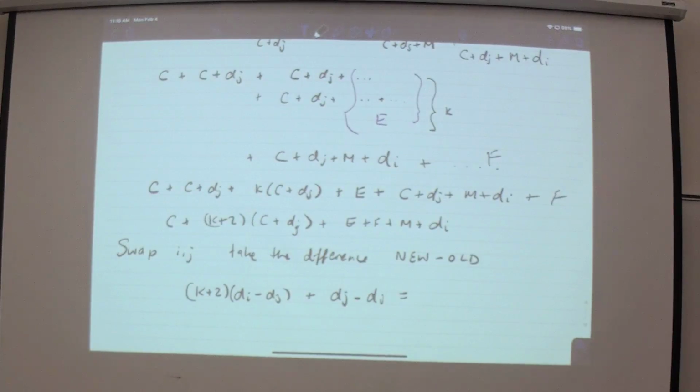So since it's subtracted out, this is basically K plus 1 times DI minus DJ. Right? Remember, K is 0 or more. This number is negative because DI is less than DJ, right? Which means new minus old is negative, which means new is less than old.